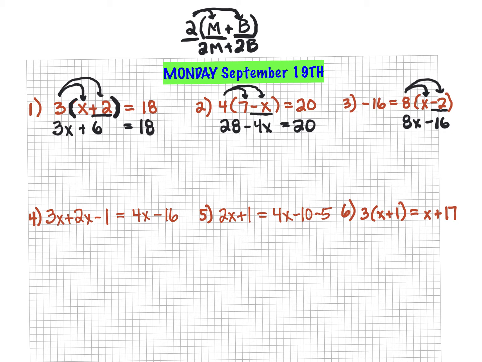So that makes it look like 8x minus 16. All right, so I can finish my equation there. I'm going to do number 6 as well, just because it's got that in it. 3 times x is 3x. 3 times 1 is positive 3, equals x plus 17.